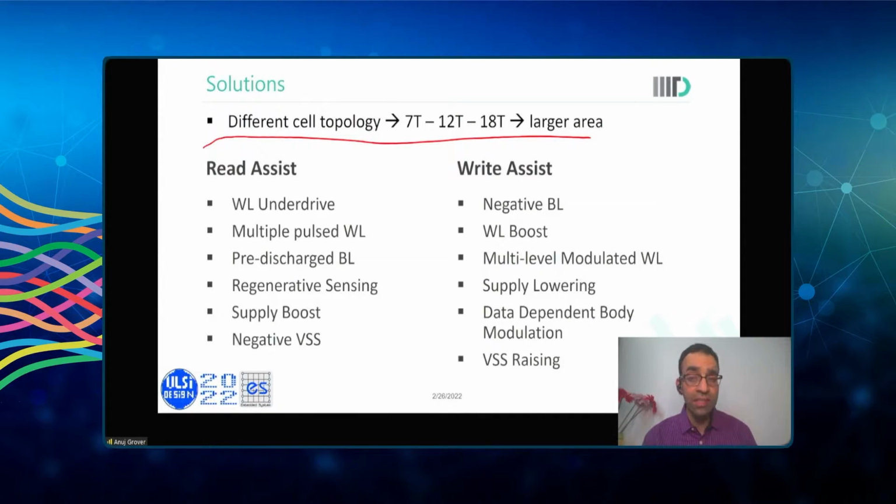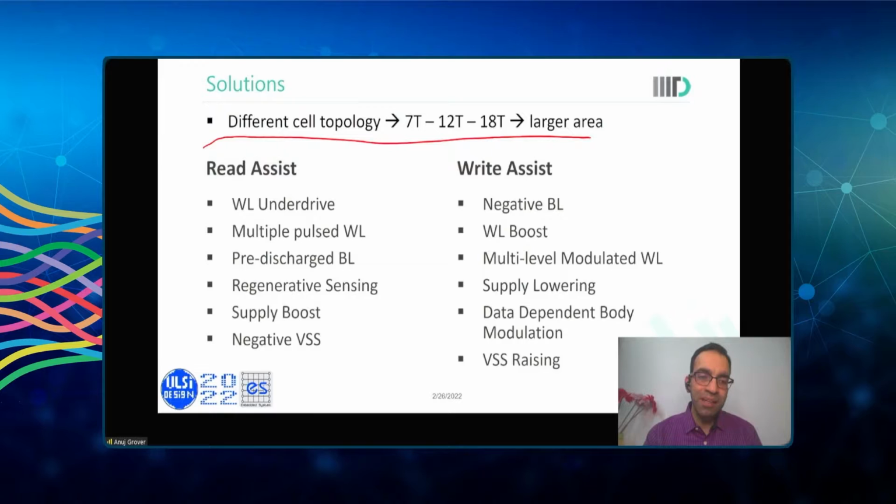You will also see denser topologies, and to reduce the complexity of the cell, or complexity of operation, you will see topologies proposed from anything from 7 transistors to 18 transistor memory cells. This obviously means much larger area. If 70 to 80% of your die area is SRAMs, putting in larger area is shooting yourself in the foot.